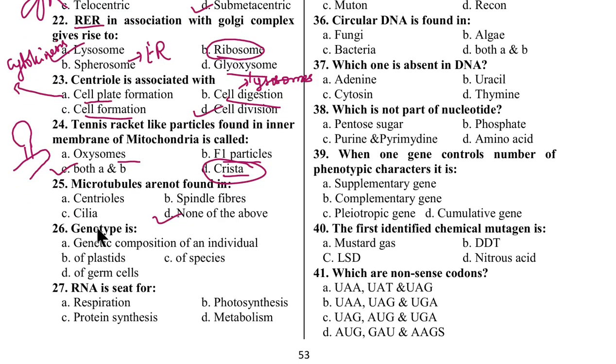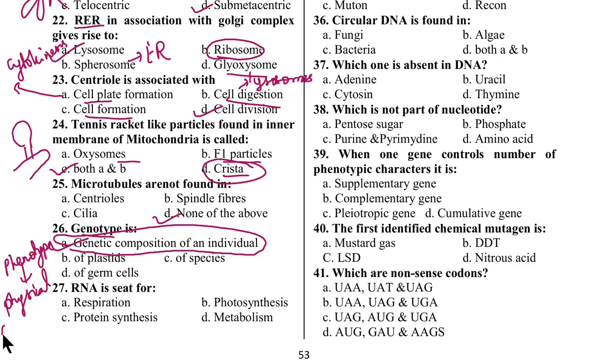Talking about the genotype, the genotype is obviously the genetic combination of an individual cell. So our answer is option A. And if we are talking about the phenotype, then it is related to the physical appearance of organisms. Question number 27.